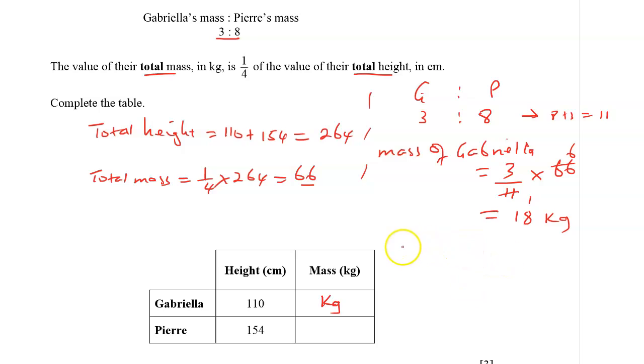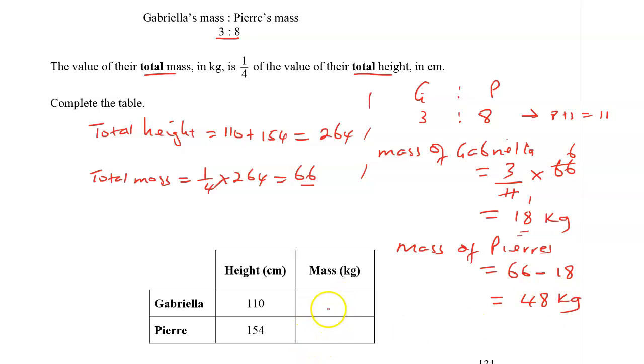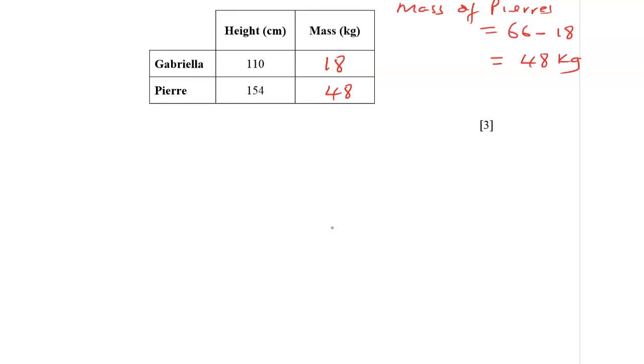Since you have gotten Gabriela's mass, the mass of Pierre will be the difference between 66 and this. Pierre's mass is equal to 66 take away 18, because their total is 66. So this will be 48 kilograms. 48 plus 18 will give you 66. Very good.